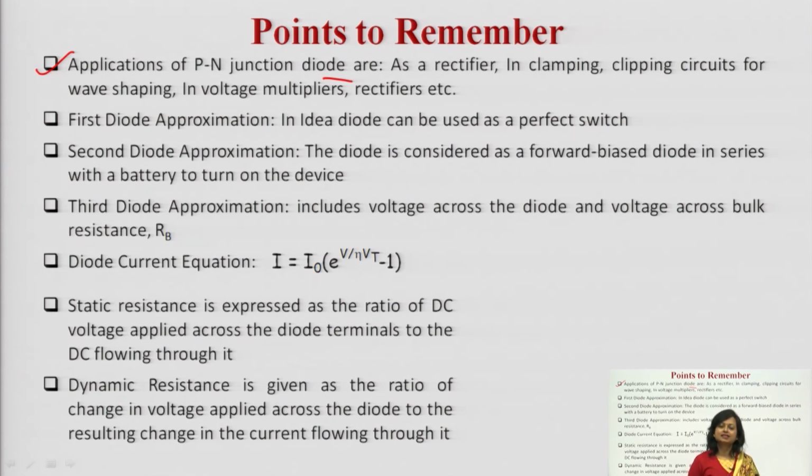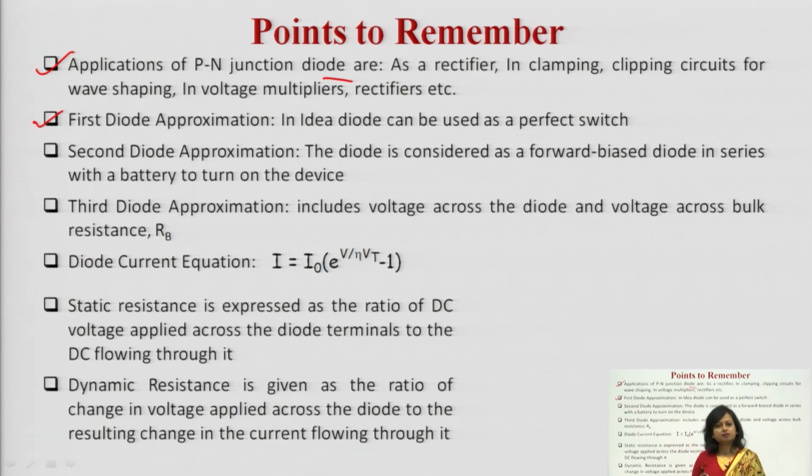Diode can be used in a clipping circuit. From the name itself it is clear, to clip off means removing some portion of positive, or of negative, or both. Diode can be used in a clamping circuit. Clamping means shifting, pushing the DC level. So, a number of applications are there. LEDs, lasers, these are nothing but diodes.